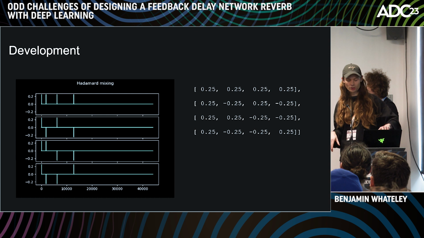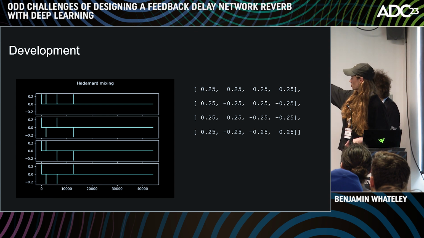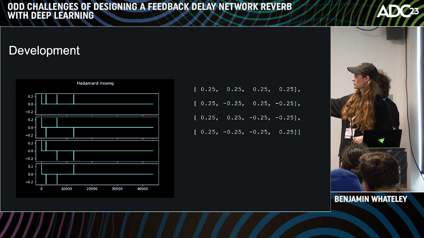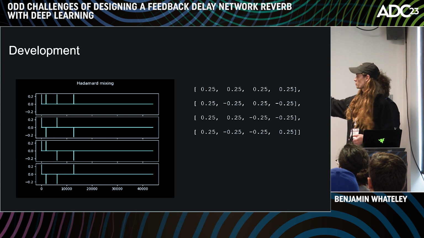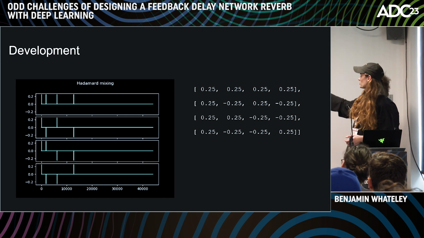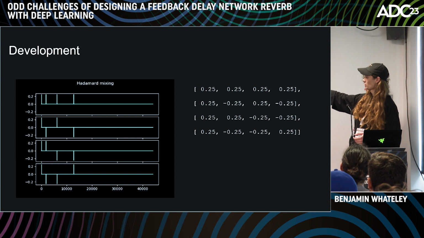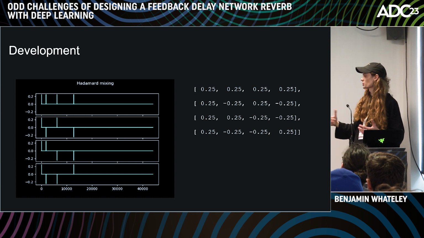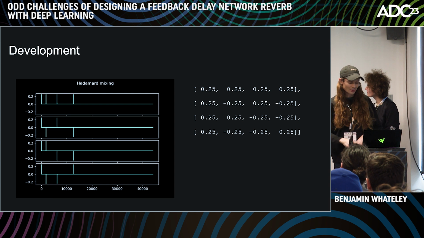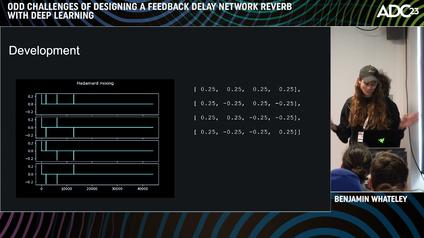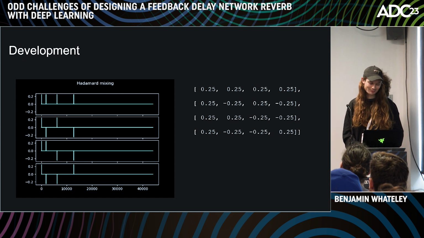We've got this column of all positives, floats, 0.25 each, and you can see that the first channel or vector are all positive signs, and then the second channel corresponds to the second column, and the third and the fourth, and so on. You can see you've got negatives in the middle, and then positive, right? So it's useful because it also inverts the signs, and then it makes a nicer sound. I can't tell you the math behind how that works, I'm afraid, I'm sorry.